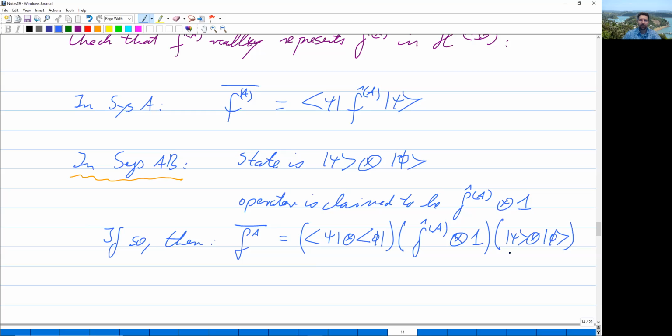So it's vector, vector, and dual vector, and in the middle, the observable in question.